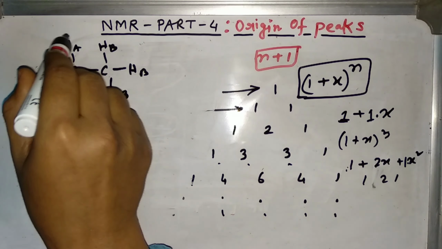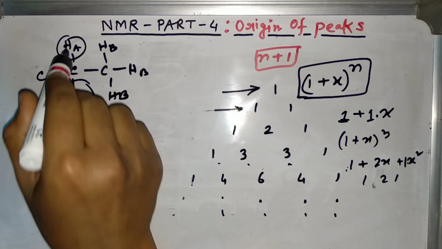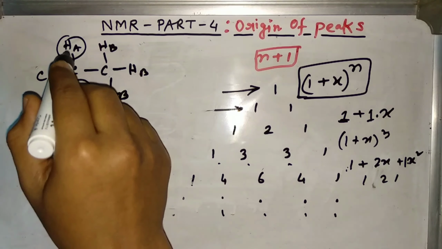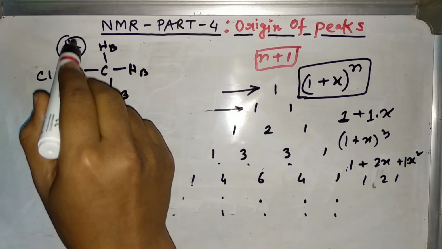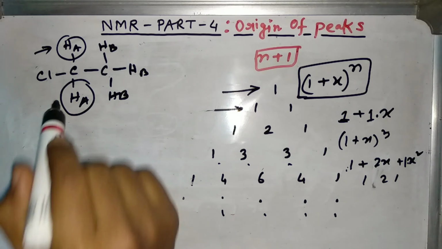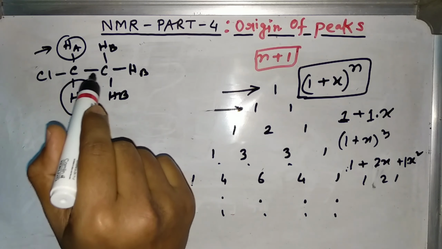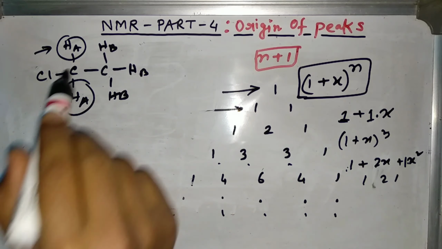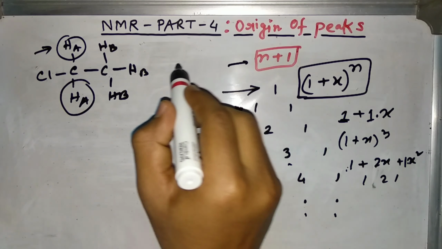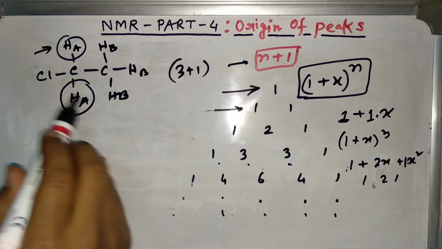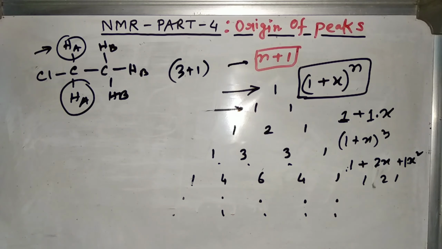These two are chemically equivalent, so they will show only one, as you can think these two are actually only one proton. So I'm considering only this one. This has 3 adjacent protons, so applying the n plus 1 rule, you get 3 plus 1, that is a total of 4 peaks. So HA will give 4 peaks.